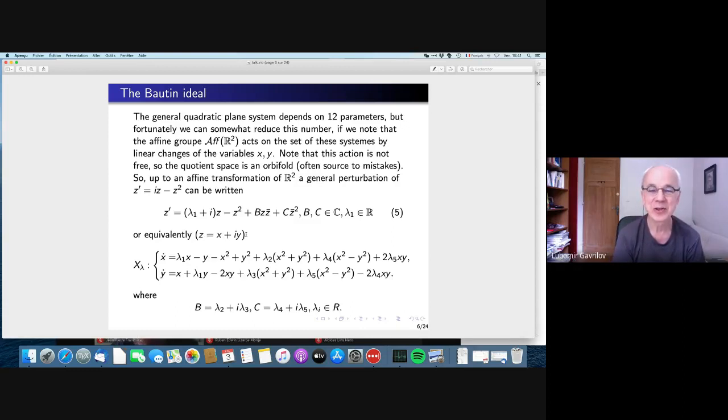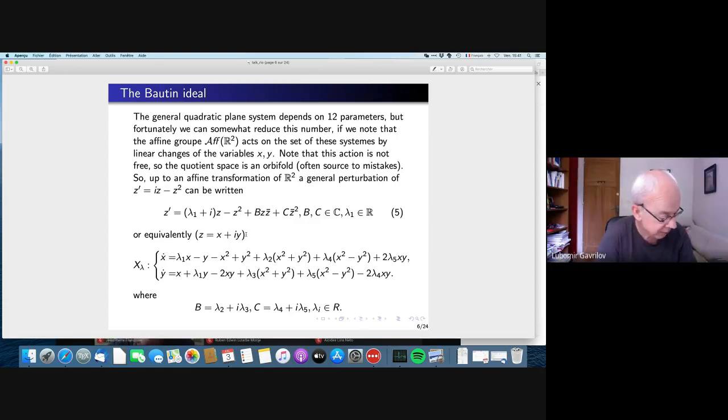So you use the action of the affine group on the real plane. So you can make linear changes of variables and take a quotient of the action of the affine group on the set of quadratic vector fields.